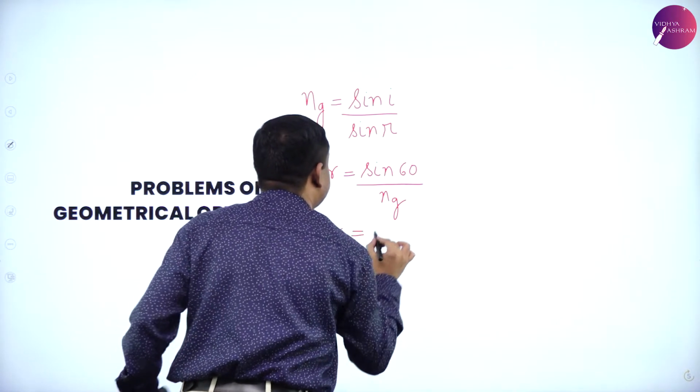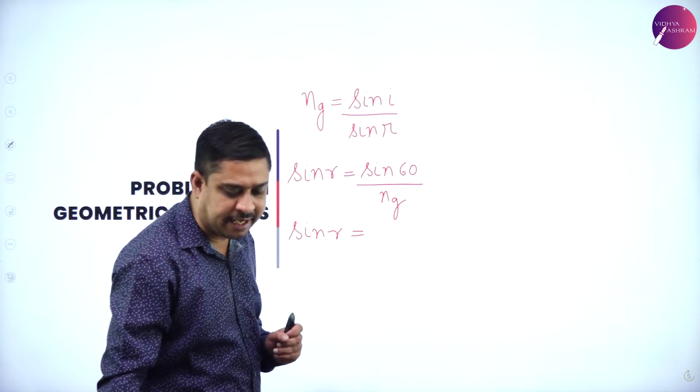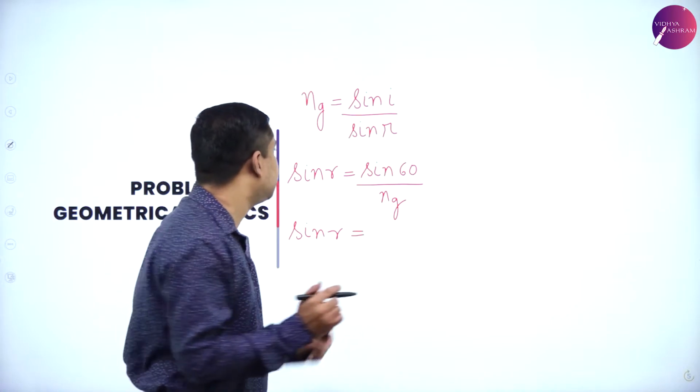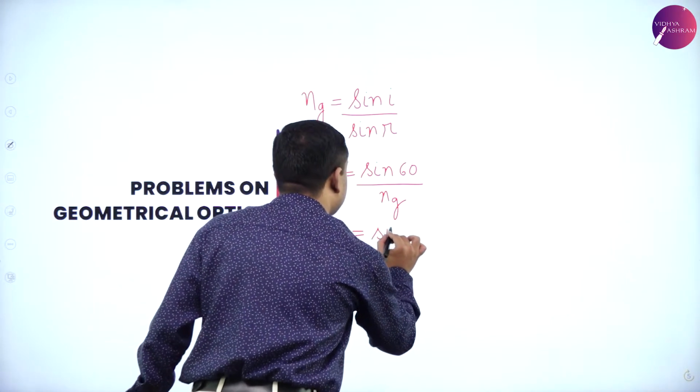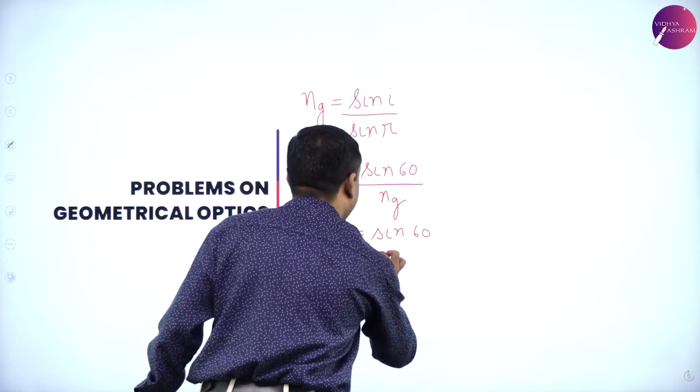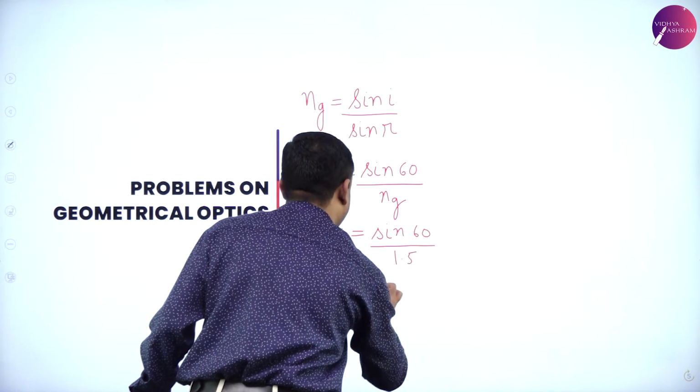Sine R is, how much is sine 60 when we refer and simplify? So sine 60 by 1.5.